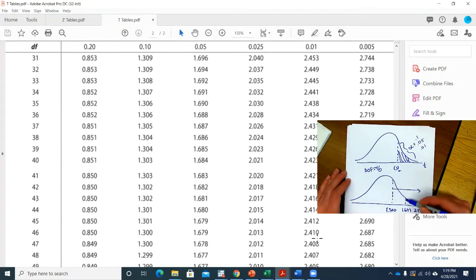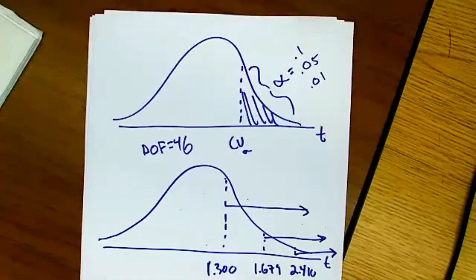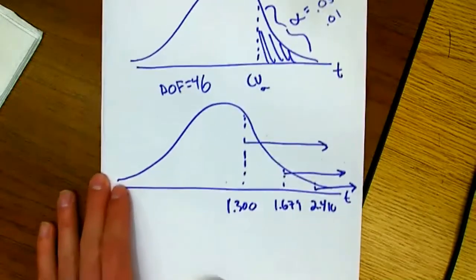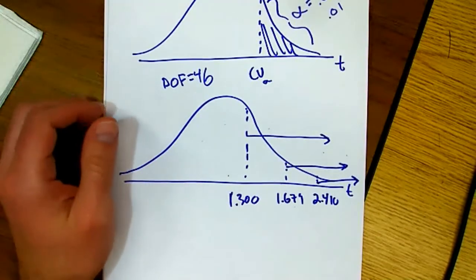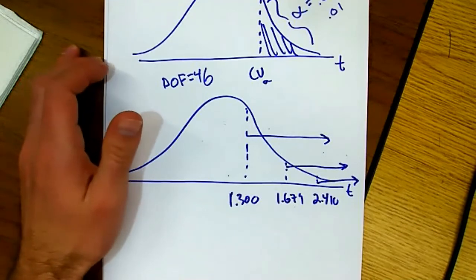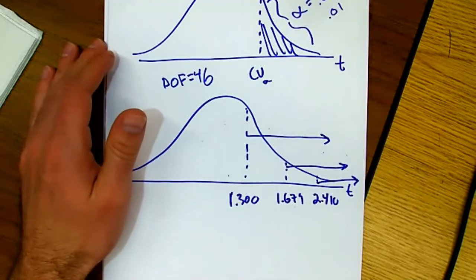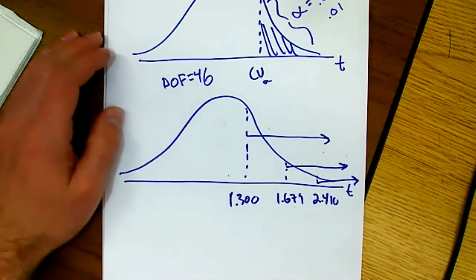It's a right-tailed test, so our rejection region is the area to the right. And so this is the setup I have for my critical values. Okay. Any questions about how I looked those up in that student t table?